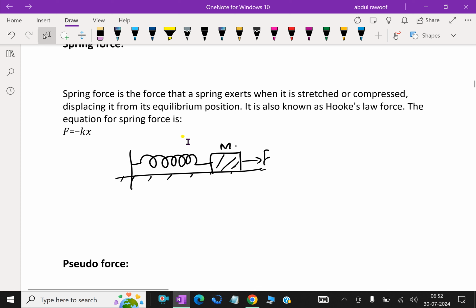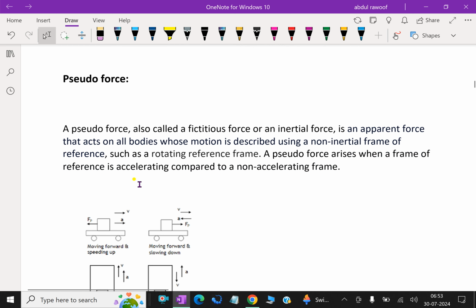If force is applied by pulling and then released, it oscillates.